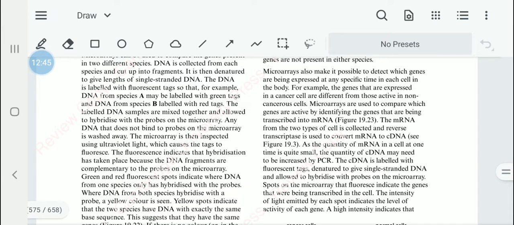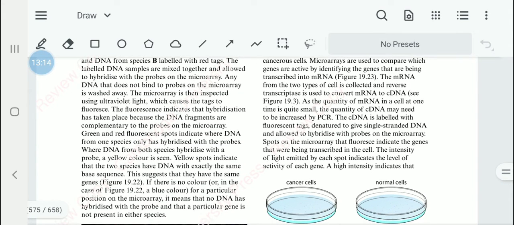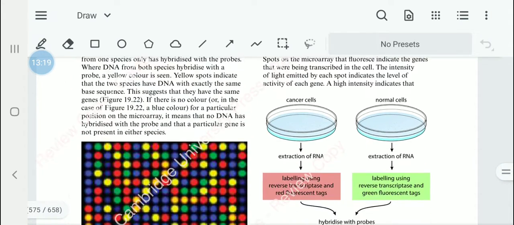The quantity of cDNA may have to be increased by PCR, and after being denatured to give single stranded DNA and checked with the microarray, the fluorescence would indicate the genes being transcribed in the cell. The intensity of the light emitted by each spot would give the level of activity of each gene.